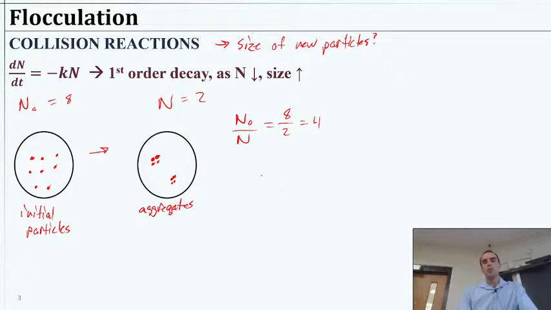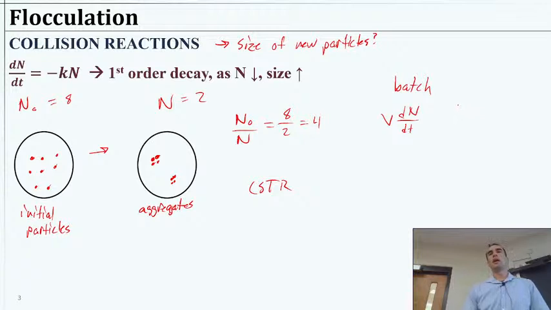And I'll say that given that it can be in batch or CSTR or plug flow, whatever, let's take a quick look at what that would look like. So in a batch scenario, we're going to have some accumulation term for the number of particles in that volume over time. And we would describe this as a decay reaction in that volume that has that rate constant times the number of particles in there.